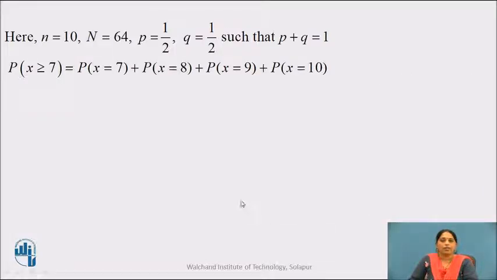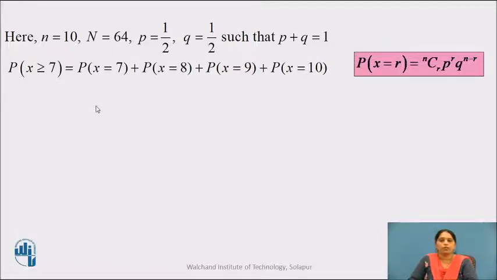Now let us find out the probability for x greater than or equal to 7 using the definition of binomial distribution. We can write probability of x equals r as nCr p raised to r q raised to n minus r.